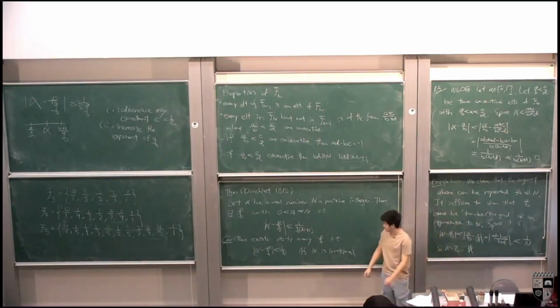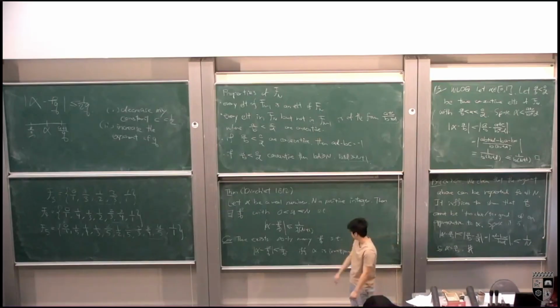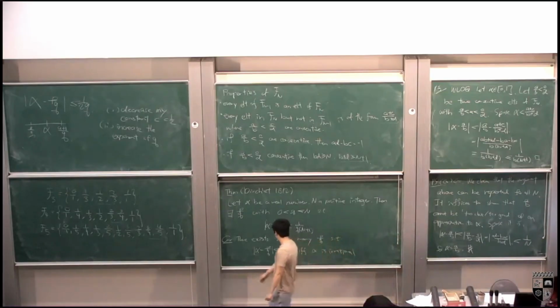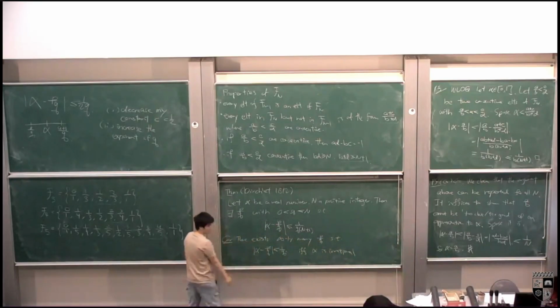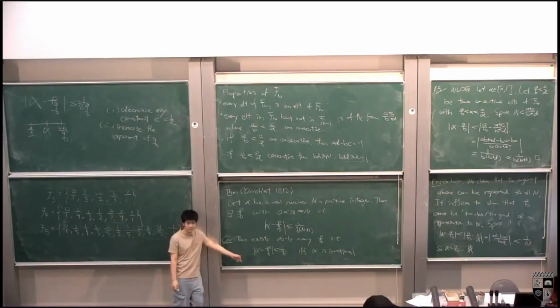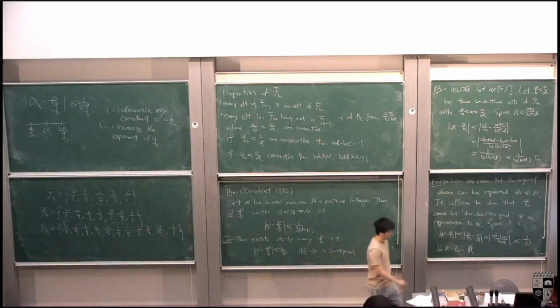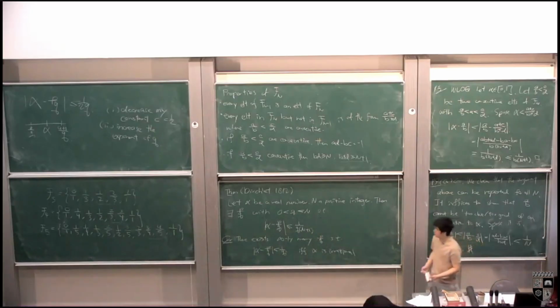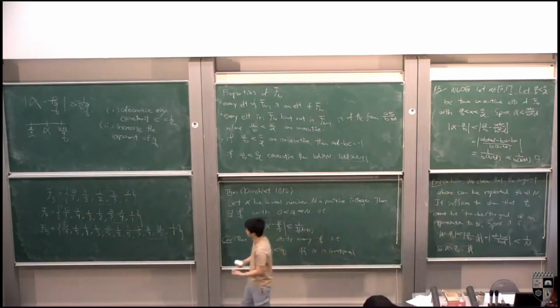For the other direction, we're going to prove the contrapositive. We're going to show that if alpha is rational, then there can only be finitely many fractions that satisfy this bound. I think you guys will remember the Fourier sequences.